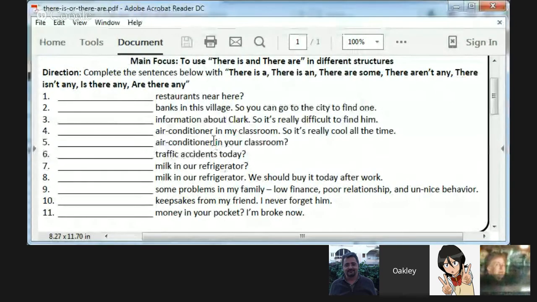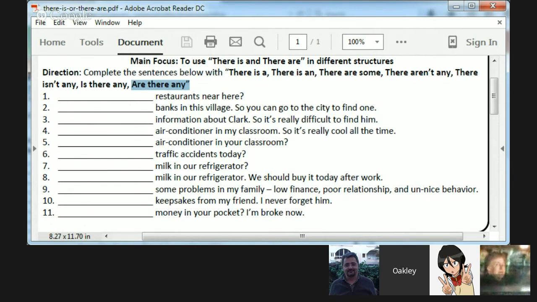You're going to use there is and there are in different structures here. Complete the sentences with maybe there is a, there is an, there are some, there aren't any, there isn't any, or question forms, is there any, or are there any?